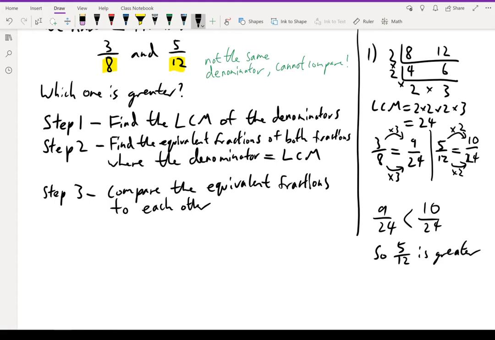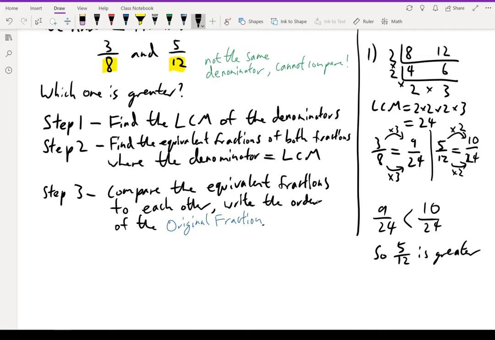So when we do this last step, remember we need to compare the equivalent fractions to each other and write the order of the original fraction.